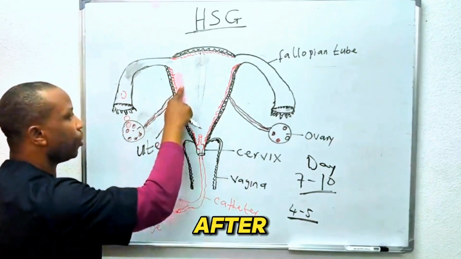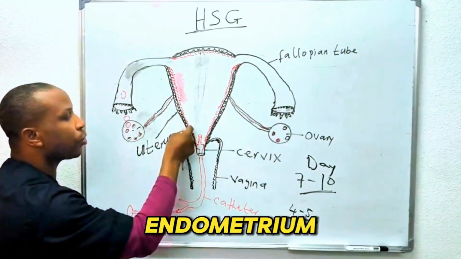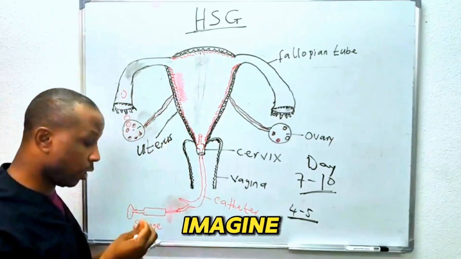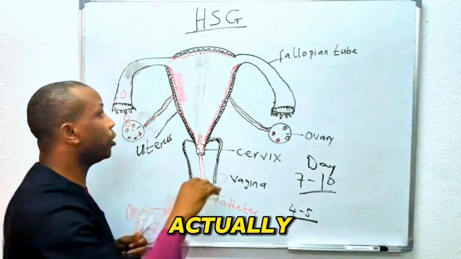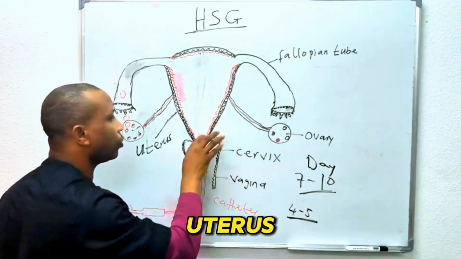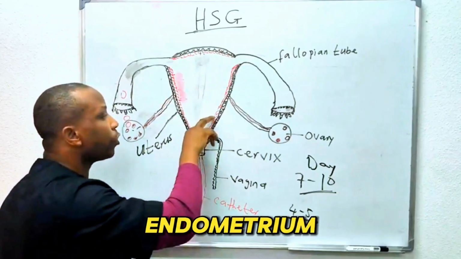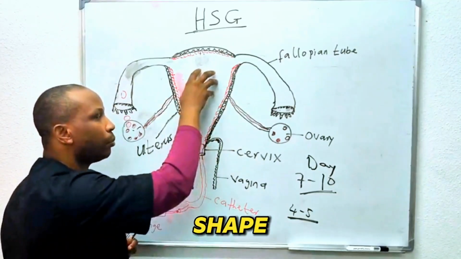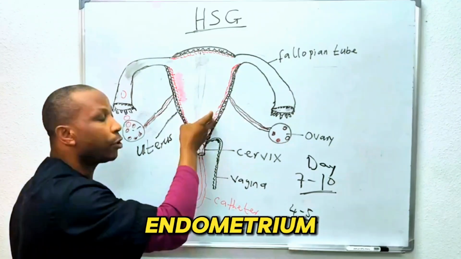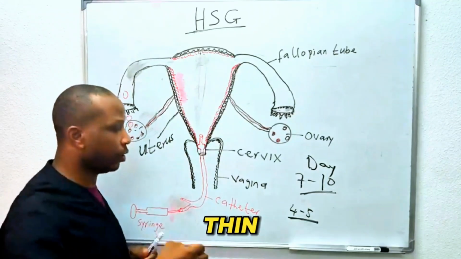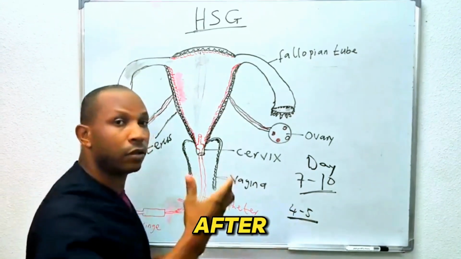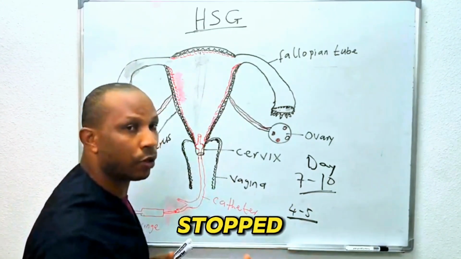So after menstruation, the endometrium becomes thin. And just imagine, it is easier to check the shape of the inside of the uterus, all right, when the endometrium is thin. To know the actual shape, it is better when the endometrium is thin. And the endometrium is thin immediately after menstrual flow has stopped, all right?